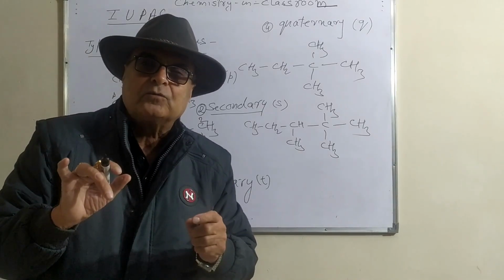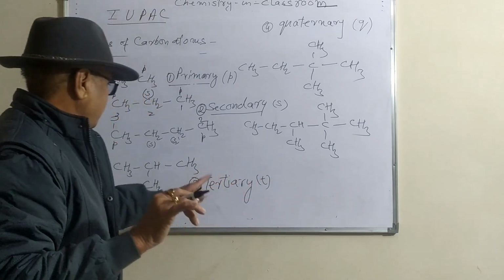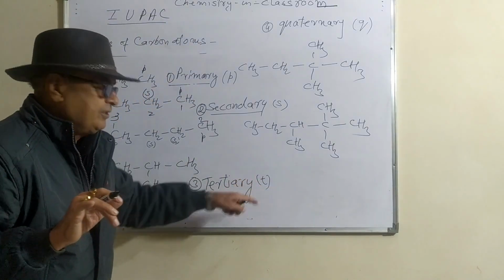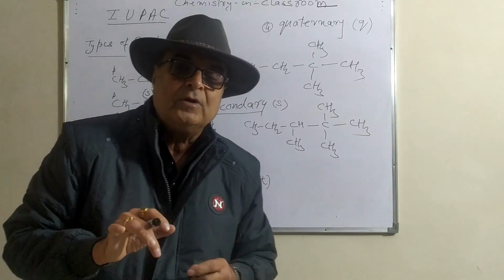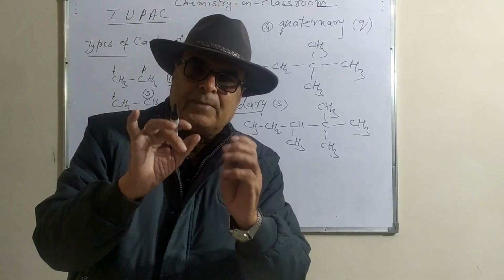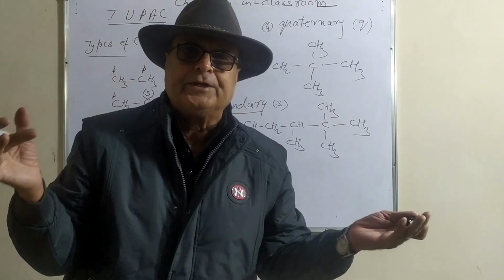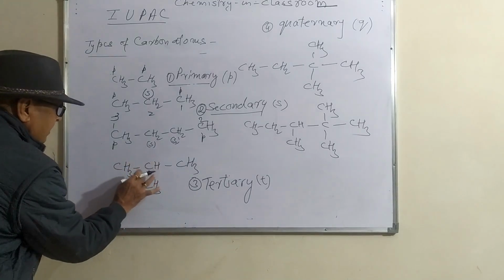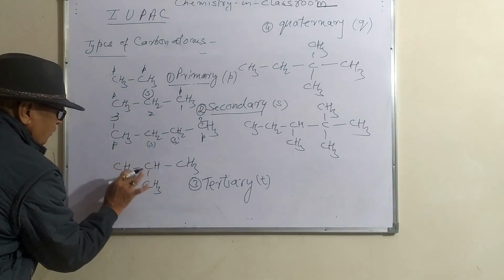Now I am telling about the tertiary carbon atom. The sign of the tertiary carbon atom is T. When a carbon atom found in the carbon chain is combined with 3 carbon atoms, this carbon is combined with 1, 2 and 3.